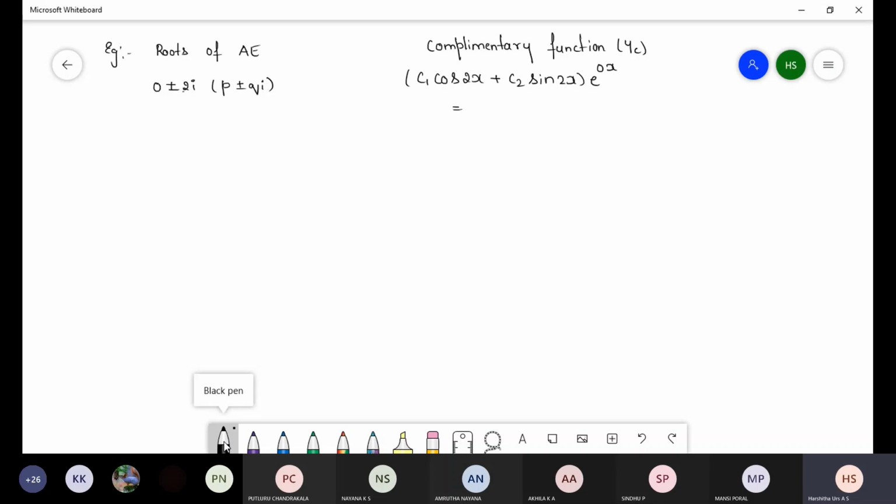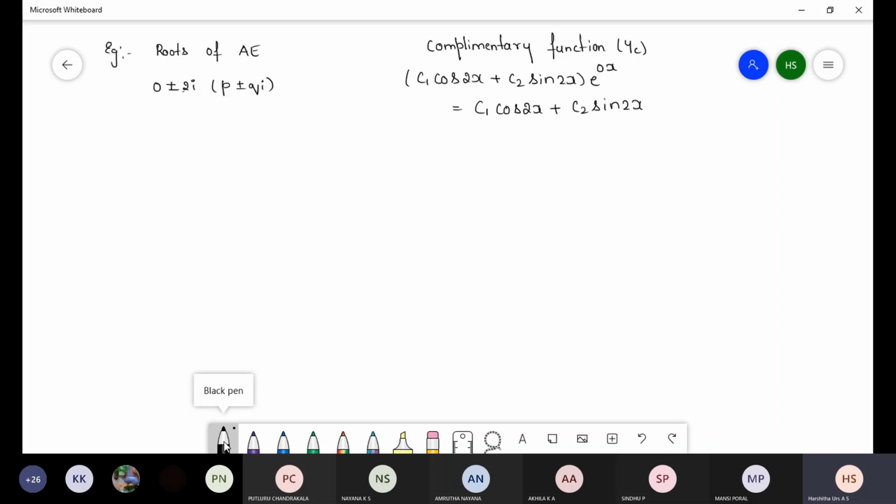So e power 0 means 1. So C1 cos 2x plus C2 sin 2x, because e power 0x is 1. e power 0x means 0 into x is 0, e power 0 is 1.